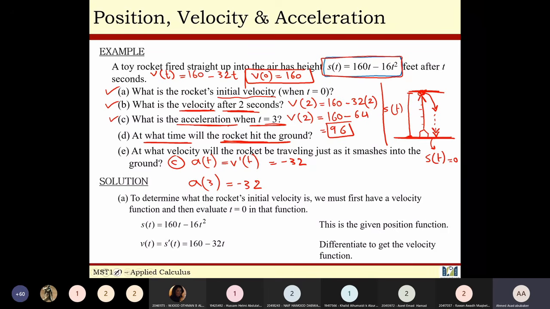Now we need to find the time at which the position equals 0.